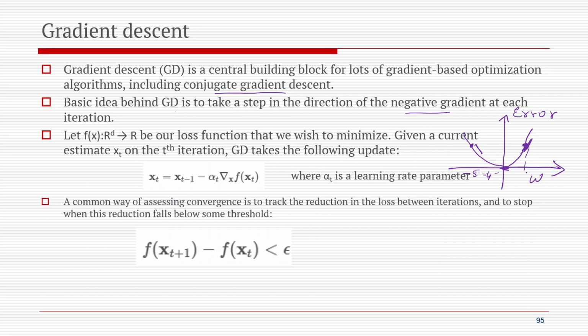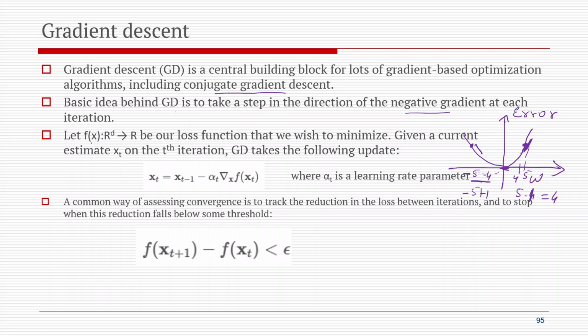But in this case, if I have 5, I should come down, so I decrease: 5 minus 1 becomes 4. That is, we go in the opposite direction of the gradient.